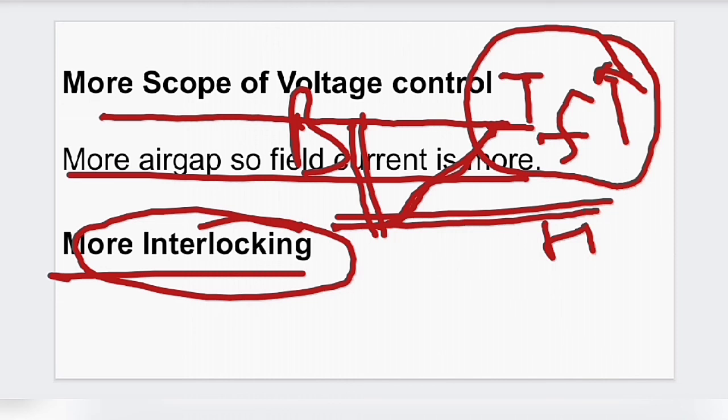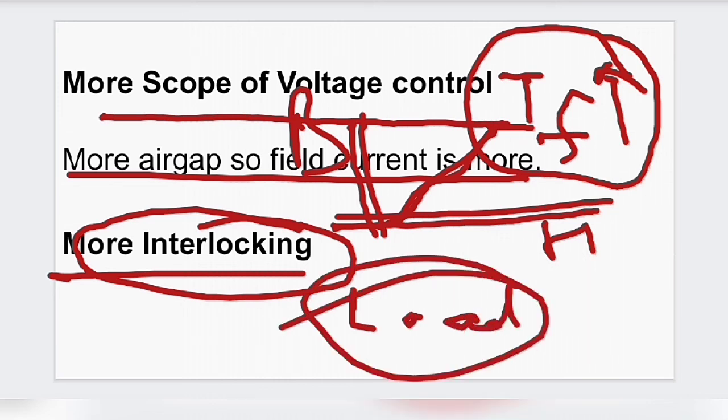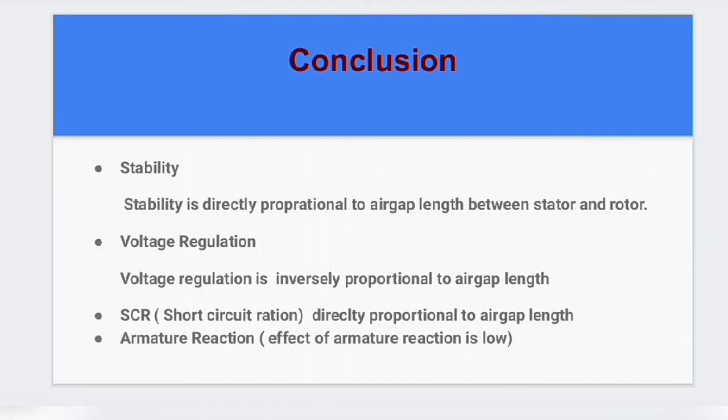So the chance of instability due to sudden change in load will be reduced. This is the main benefit. So in conclusion, we see stability is increased with size, and voltage regulation decreases.